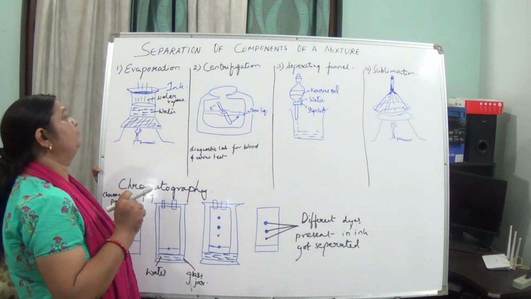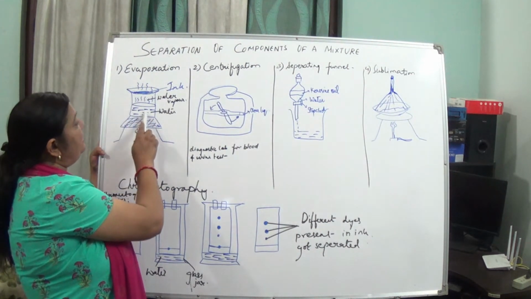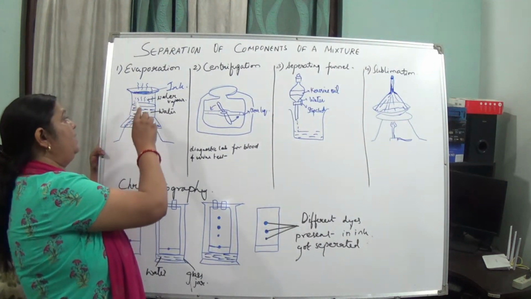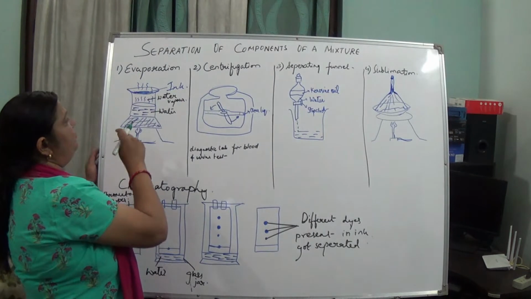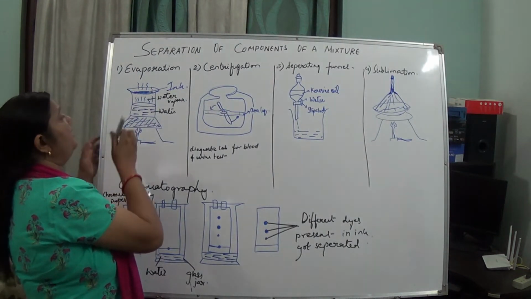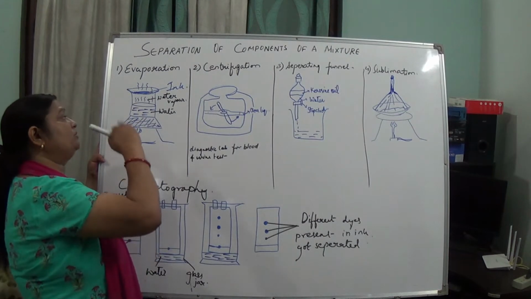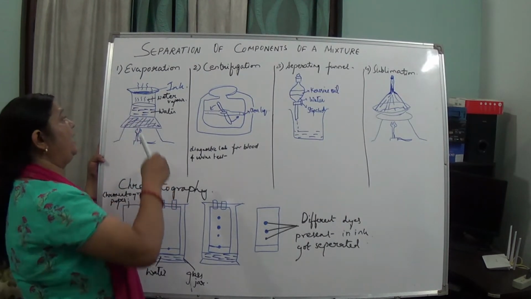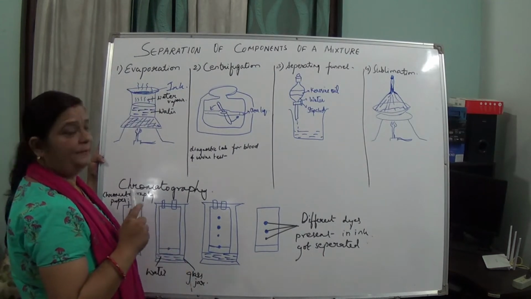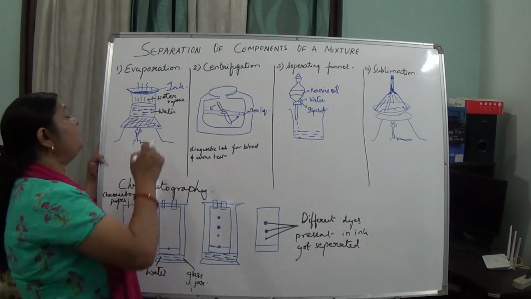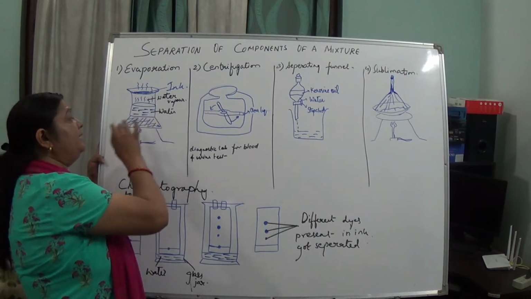Now when we heat this water, the water will evaporate and provide heat to the ink, and here it will also get heated, and the liquid portion of the ink will evaporate and the solid portion of the ink will be left on the plate. Why are we using this water contained in the beaker for heating?